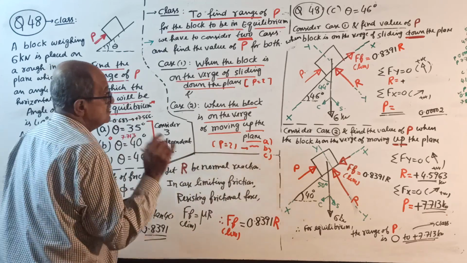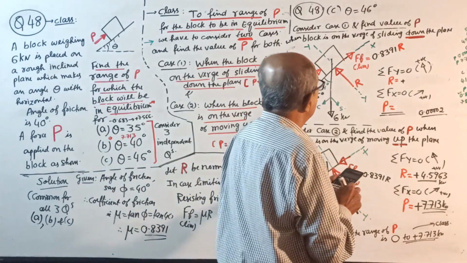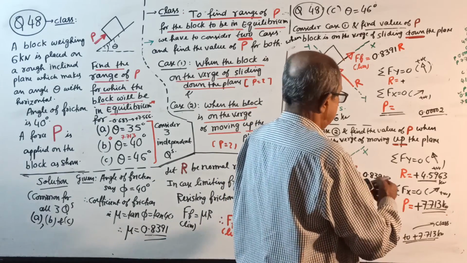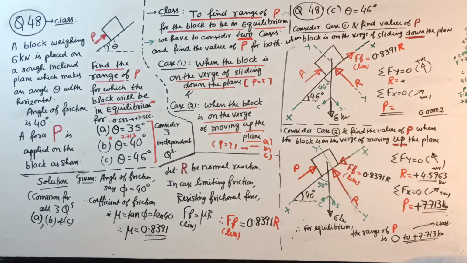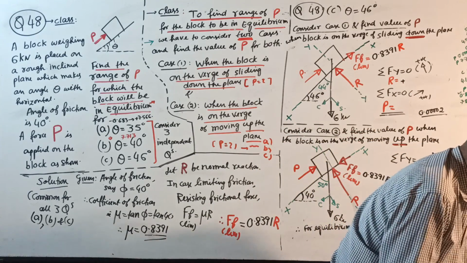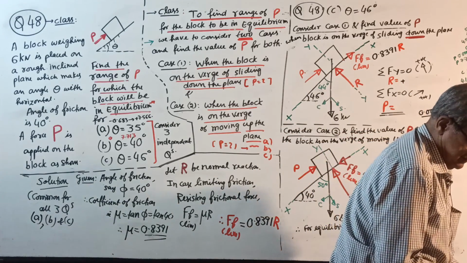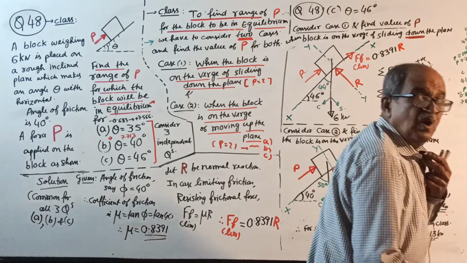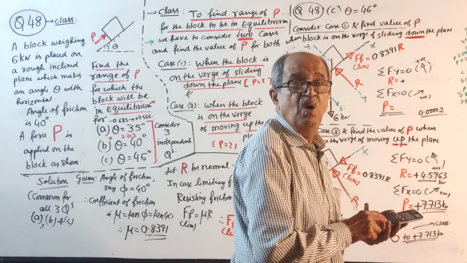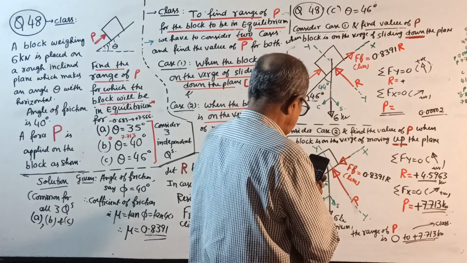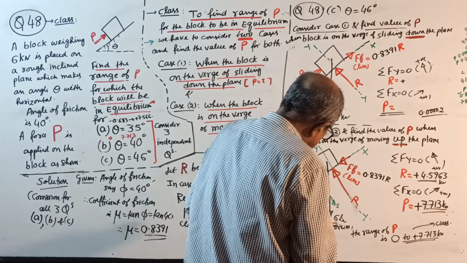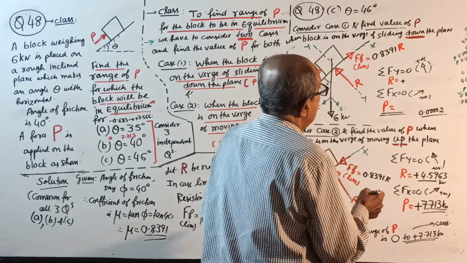Okay, then here P will come, R will come. Right, this pen cap problem. Okay, done. How much is it? 6 into sine 44 will come 4.1680.